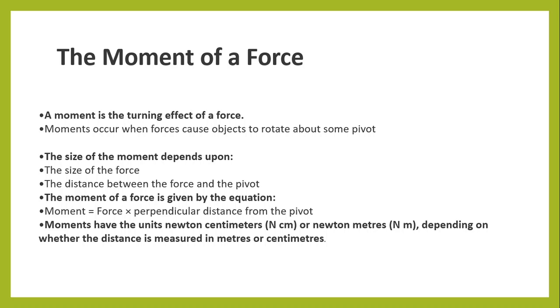If you're talking about SI units, then the units are Newton meters. However, if we have very small lengths, it's better to use centimeters, so Newton centimeters. It can be very different, such as kilonewton meters, Newton millimeters, whatever makes sense.